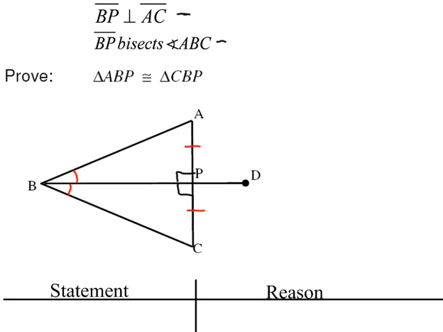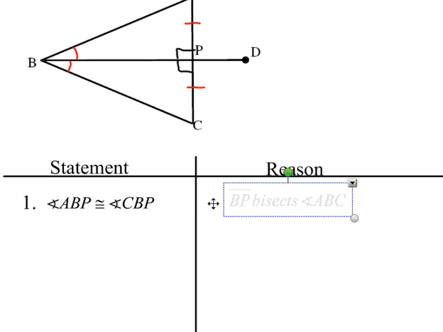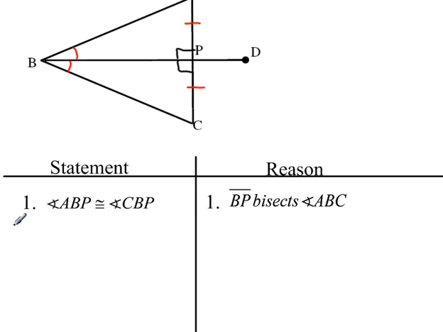Okay, now we just have to write our statements down. And it doesn't matter in what order you put them in. So why don't we start with the angle bisector one. So we know that angle ABP, this angle here, is congruent to angle CBP because BP bisects angle ABC. And we can also say that AP, whoops, I was writing AB, sorry about that.